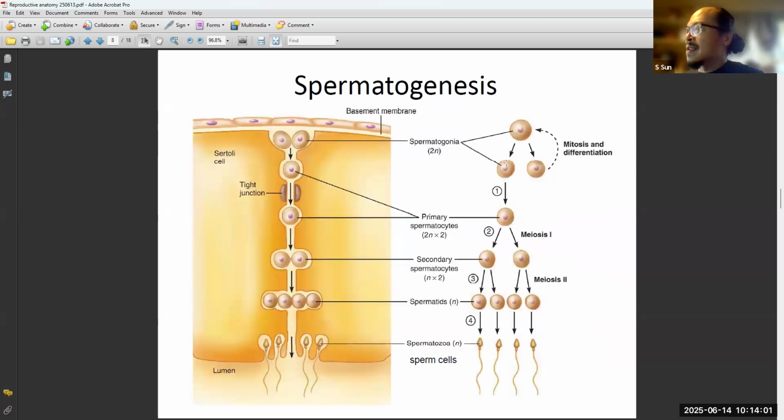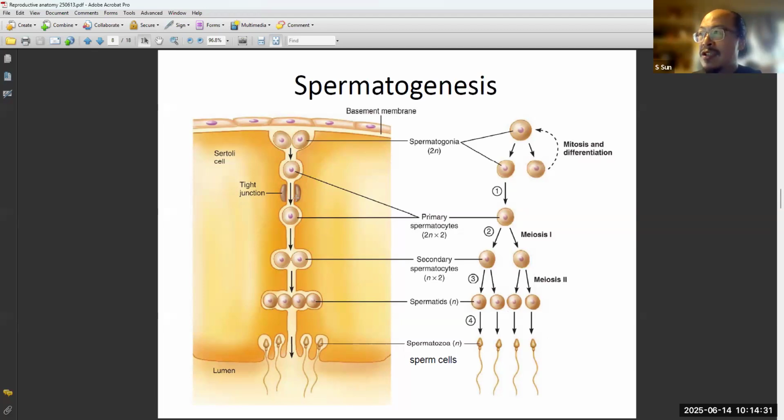This is the spermatogonia. It gives rise to primary spermatocytes, secondary spermatocytes, spermatids, and sperm. You can see this required several processes to become sperm, and these processes are provided by Sertoli cells.